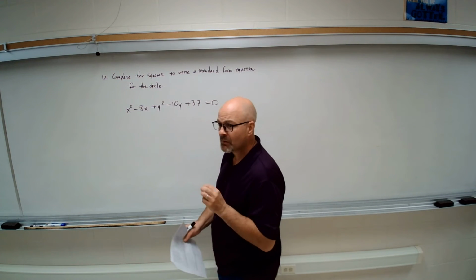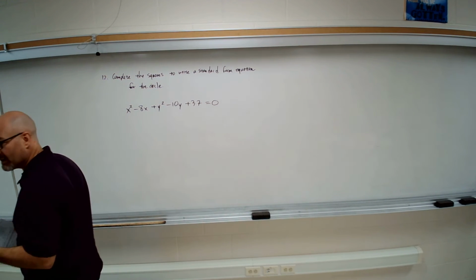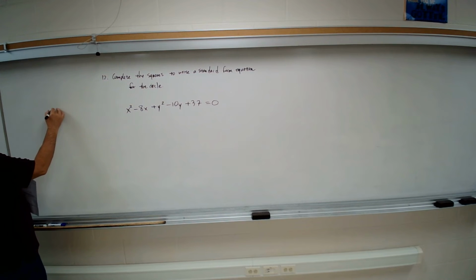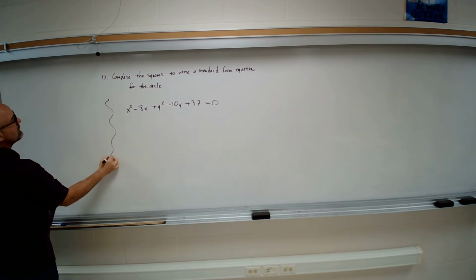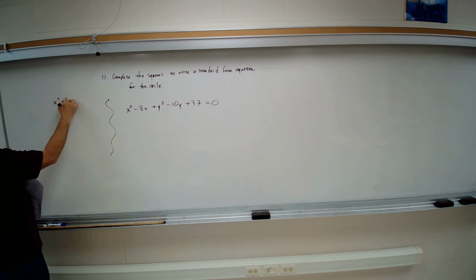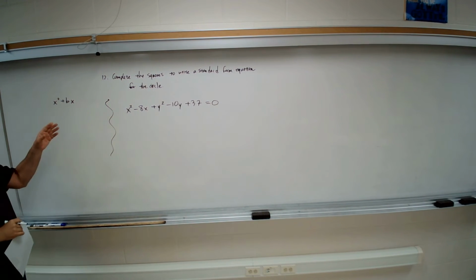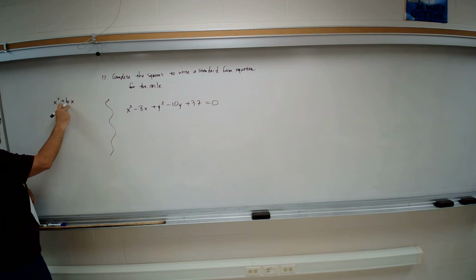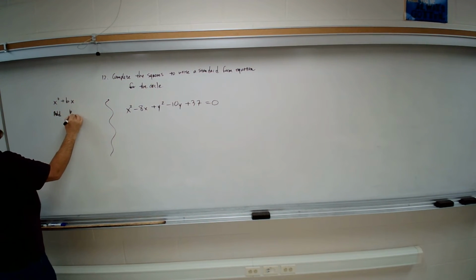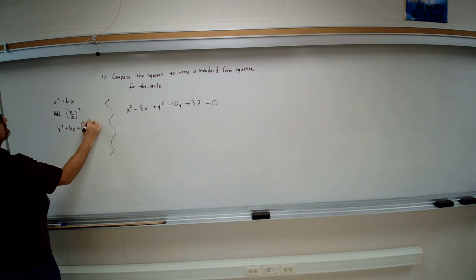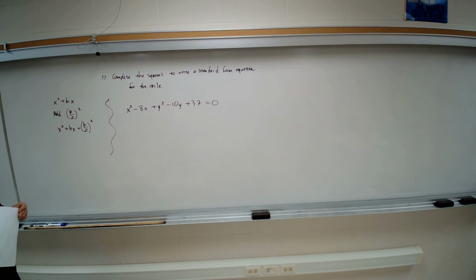So just to remind you, completing the square, the process is if you have something of the form x squared plus bx, what you're going to want to do is take half of b and square it. So you add (b/2)^2 to that. So you get x squared plus bx plus (b/2)^2.